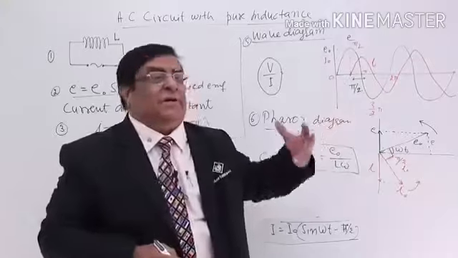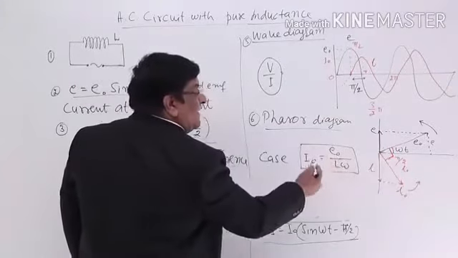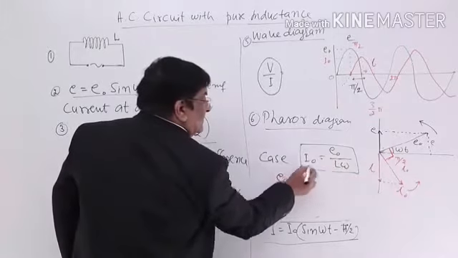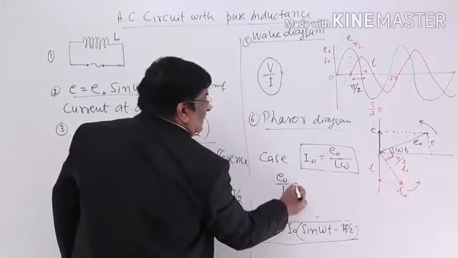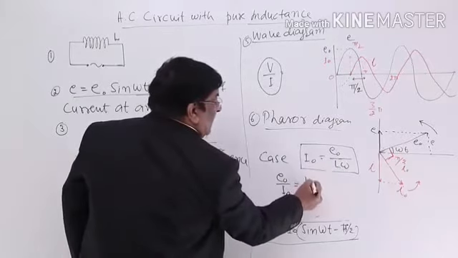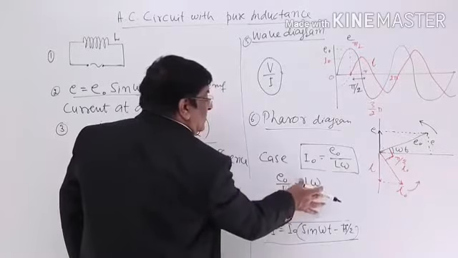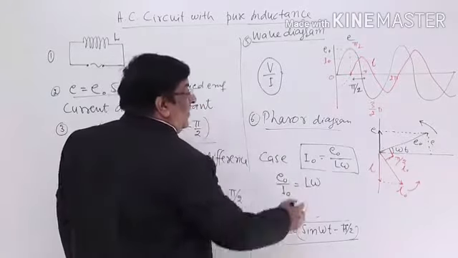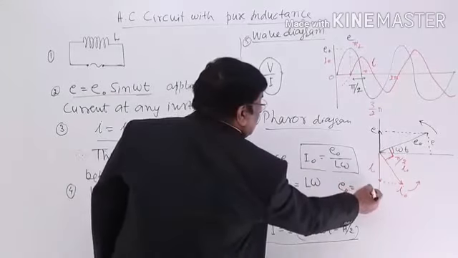Here we will see what it comes to, and that is given by this equation. Here E naught upon I naught is equal to L omega.